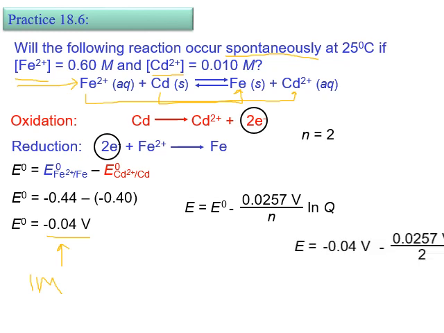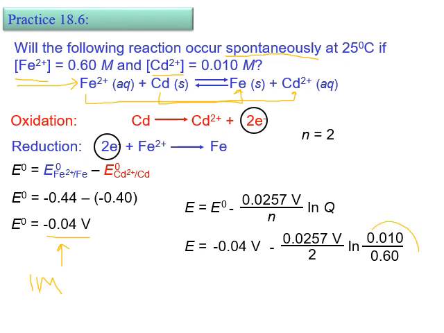This has been changed. So we are now putting in products over reactants. These are products on the top, and this comes from this chemical reaction. And then these are the reactants on the bottom. Remember, solids do not enter into the equilibrium constant or the reaction quotient.